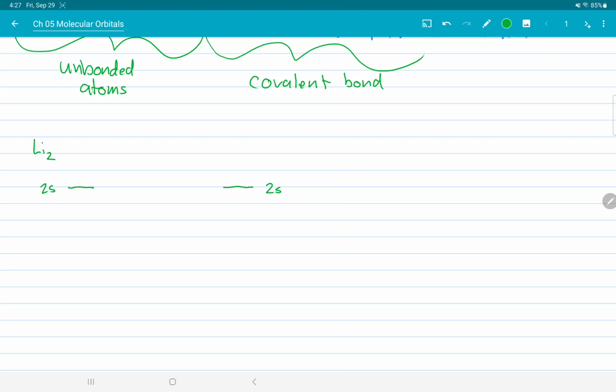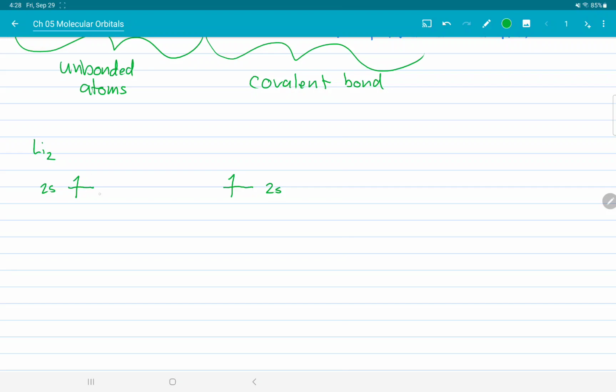Again, I'm just looking at the valence electrons. I don't really care so much what's buried underneath, but I'm looking at the valence electrons. And lithium brings one valence electron to the party. So there's an electron that it brings, an electron that this one brings.